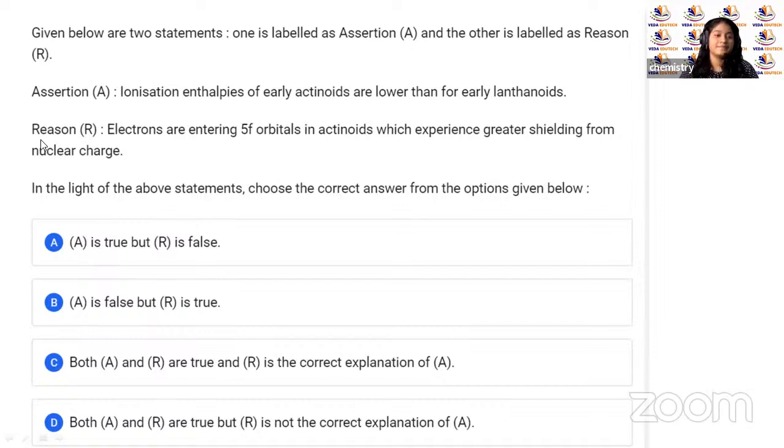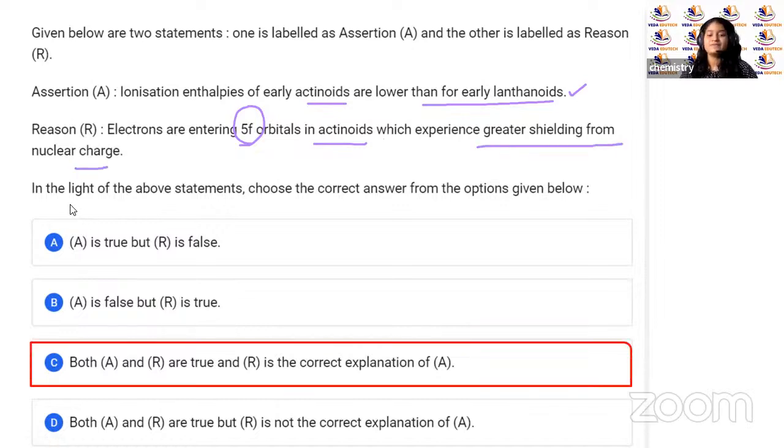So children, here it is telling that the ionization enthalpy of early actinoids is lower than that of early lanthanoids, because the 5f orbitals experience greater shielding from the nuclear charge. Is it correct, children? Yes, we know that these both are correct. It is a kind of related one, similar type. So we'll go on to the next question.